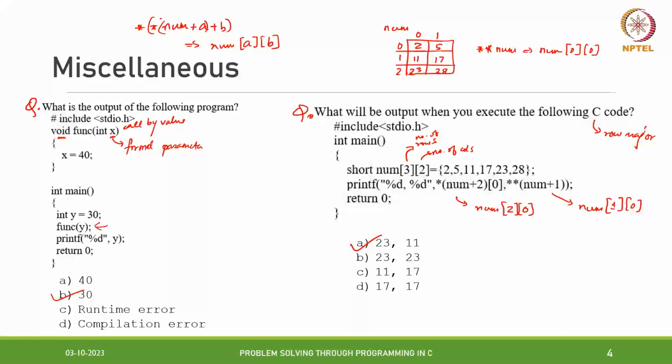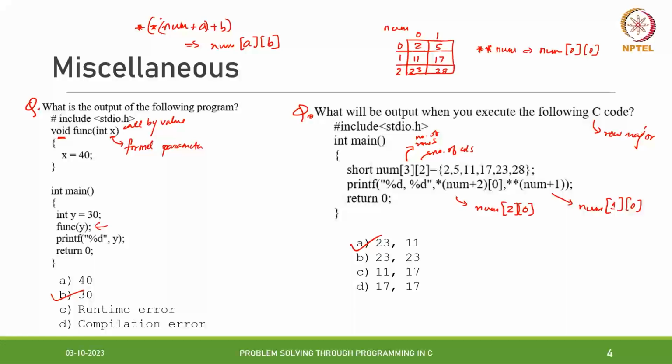That is, you are referring to this address at 0 0, the address, not the value. Now the first thing that you write is num plus a, here num plus 2, which is the row notation. So basically I'm saying num to move by a units.